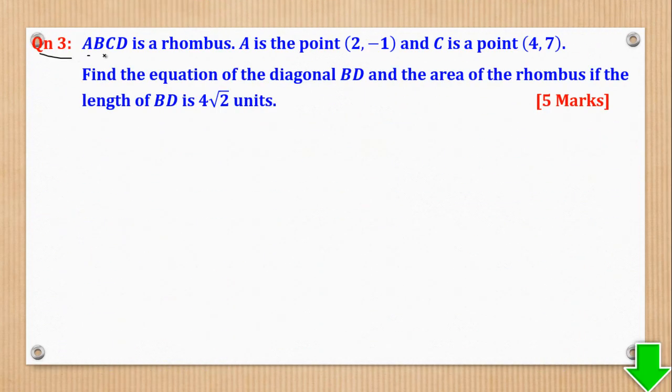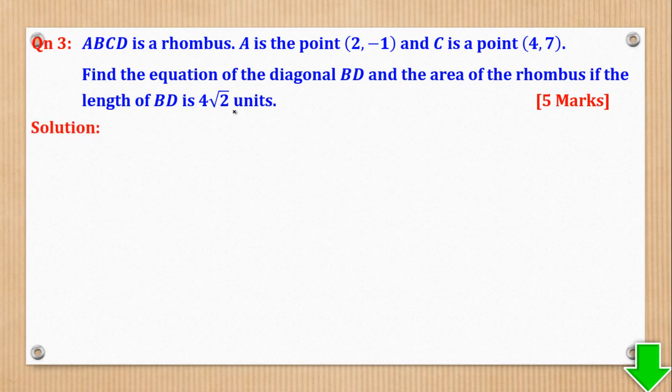Then question 3, ABCD is a rhombus. A is the point this and C is the point this. Find the equation of the diagonal BD and the area of the rhombus if the length of BD is 4√2 units.